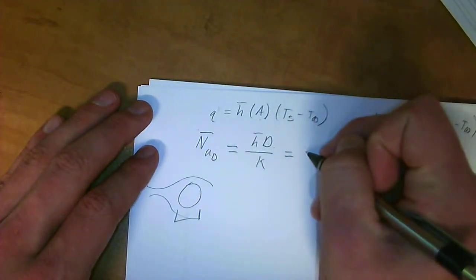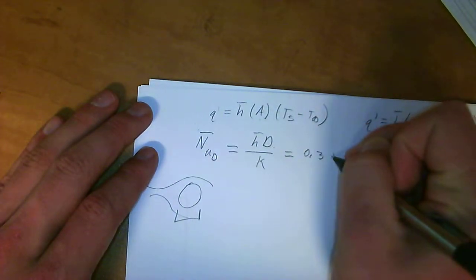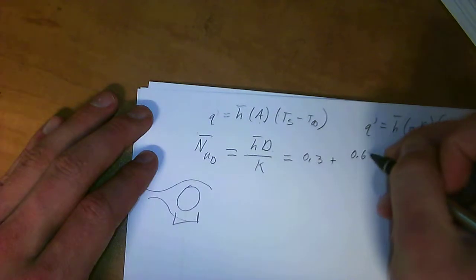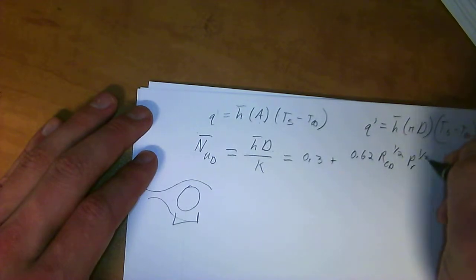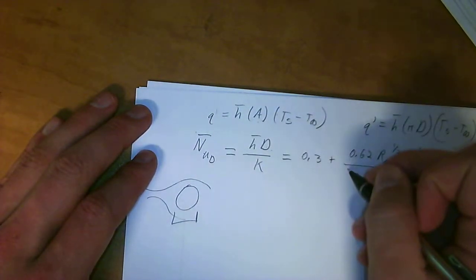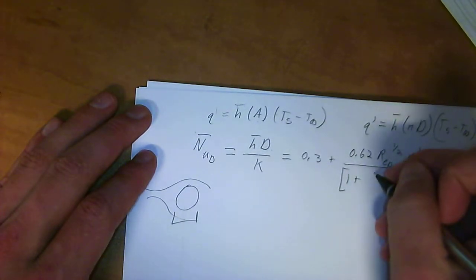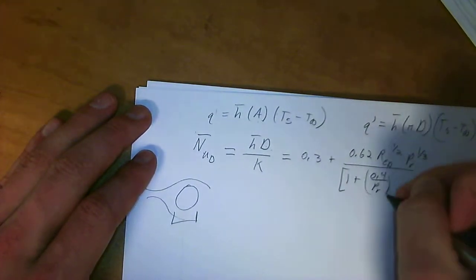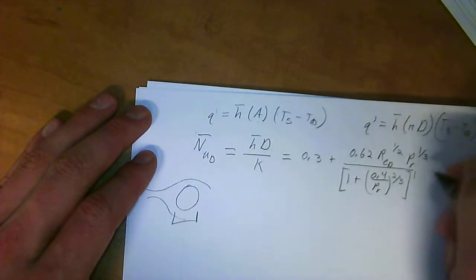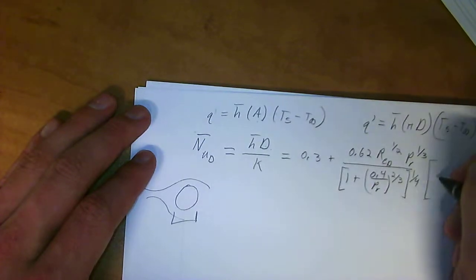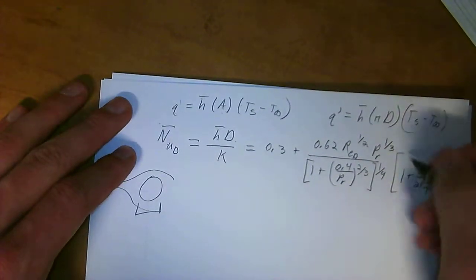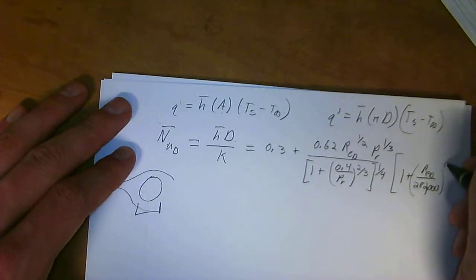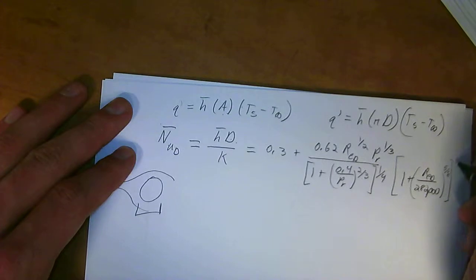Okay, and then using the Churchill-Bernstein correlation, 0.3 plus 0.62 Re_d to the 1/2 Pr to the 1/3 all over, this is a big old long thing, 1 plus 0.4 all over Pr to the 2/3, all to the 1/4, all times 1 plus Re_d over 282,000, that is raised to 5/8, and that is raised to 4/5.